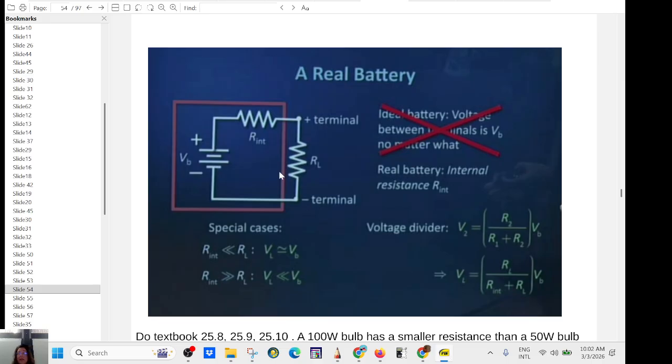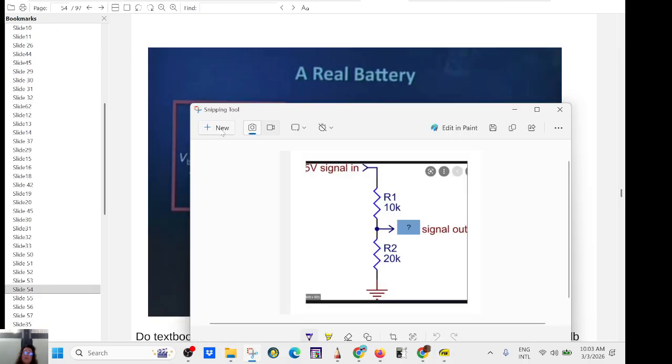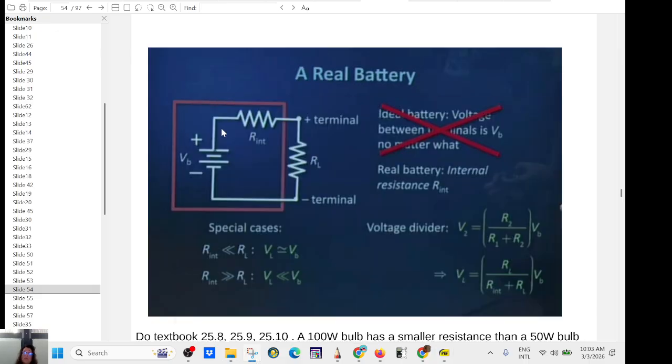Then he explained in that slide that if you have a battery, remember a battery, it's like a box that you cannot open. Inside, you have an internal resistance that will take away some voltage. So if you want to know how much is left for the load, we did that last time.